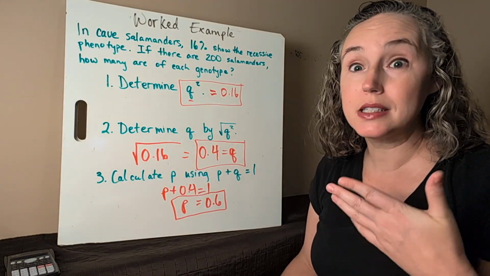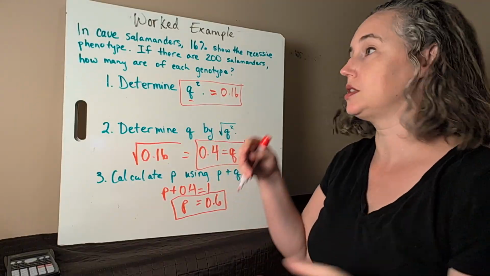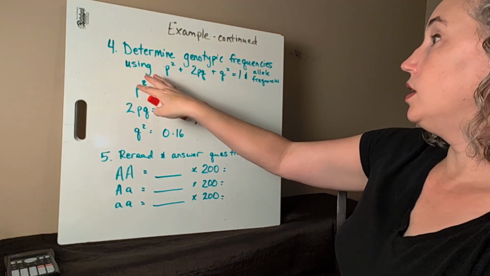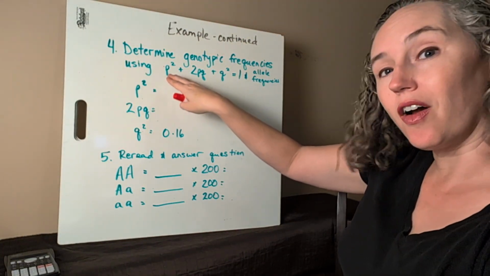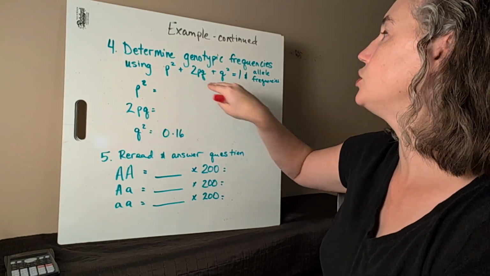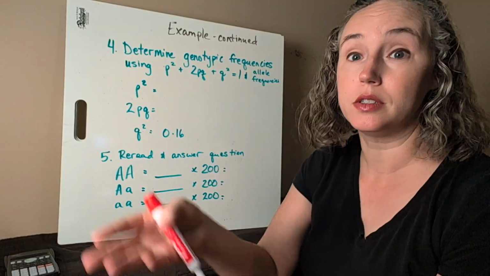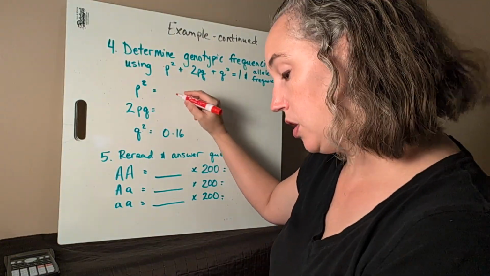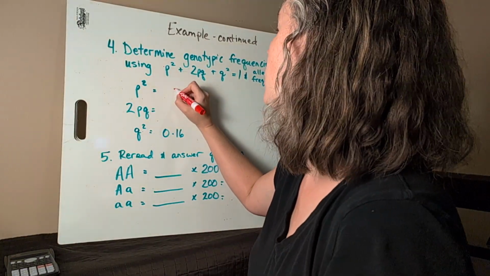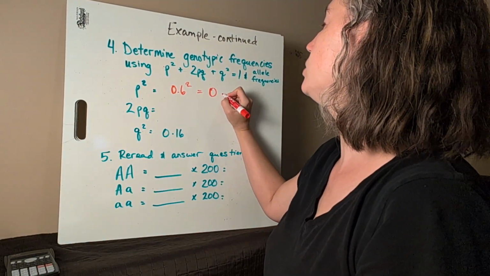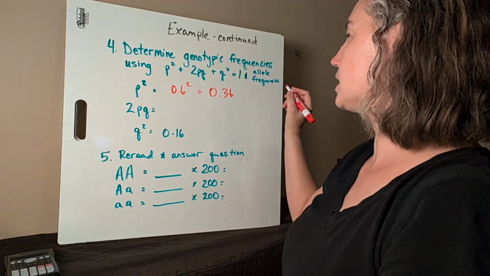Step number 4 is to find the genotypic frequencies. So we're going to use our second Hardy-Weinberg equation, p squared plus 2pq plus q squared equals 1, and the allele frequencies from just before. So if p, we just said, was 0.6, 0.6 squared equals 0.36.